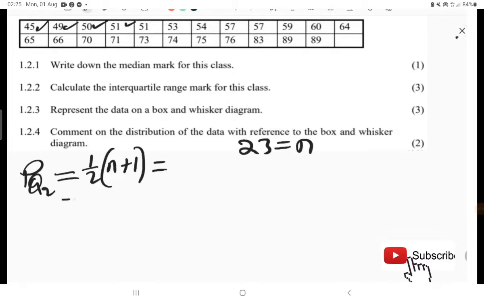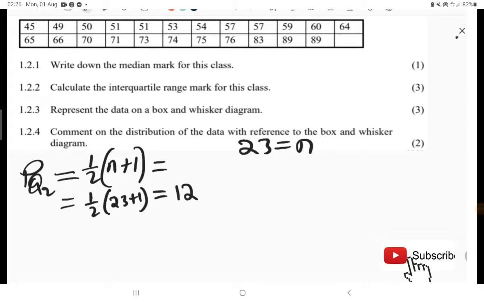So we substitute in our formula, 23 plus 1, and you press your calculator, then you will find the position number 12. So this is not the median, but the position of the median, which means the middle number when the data is arranged.